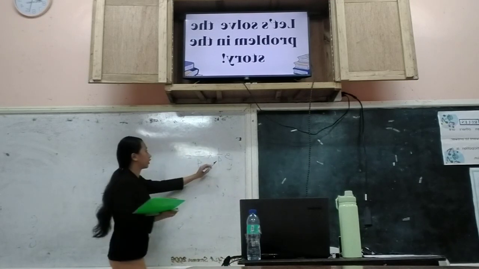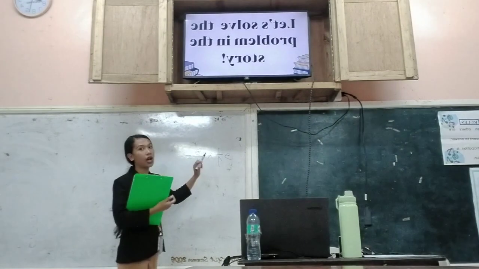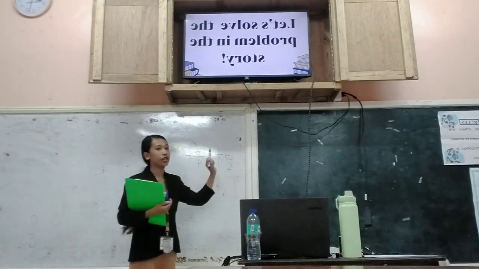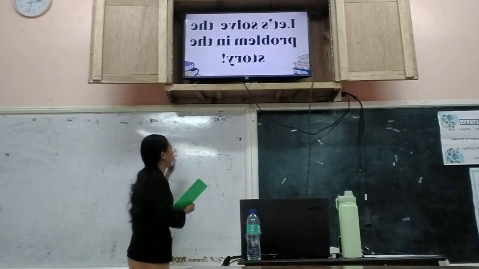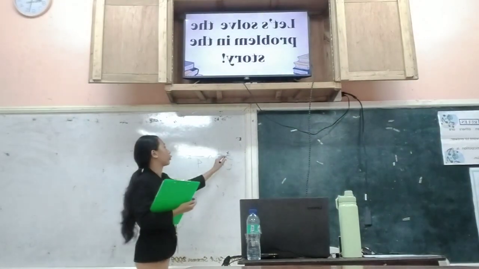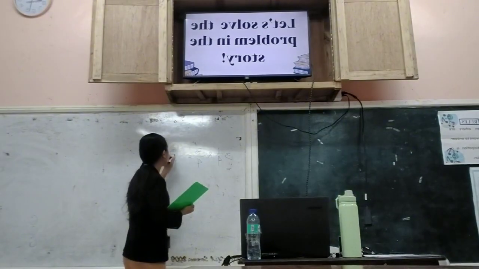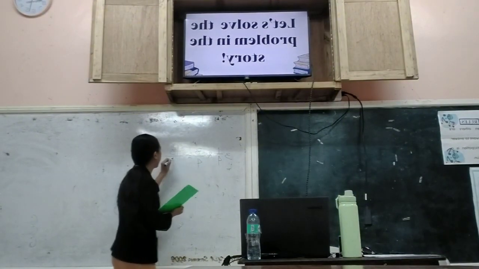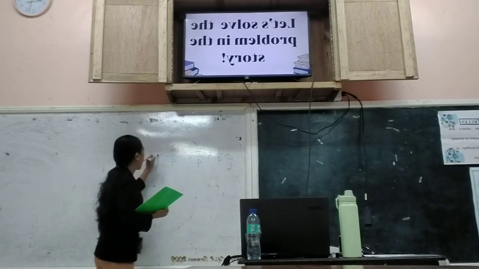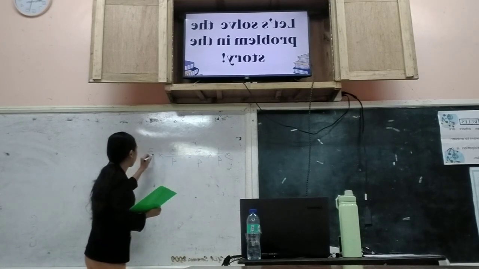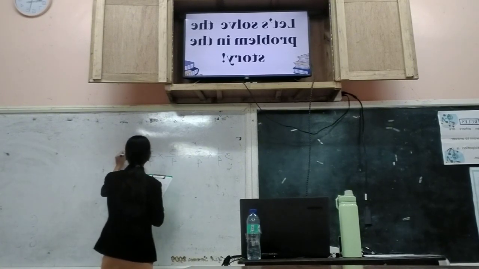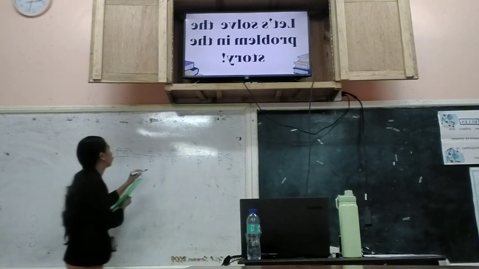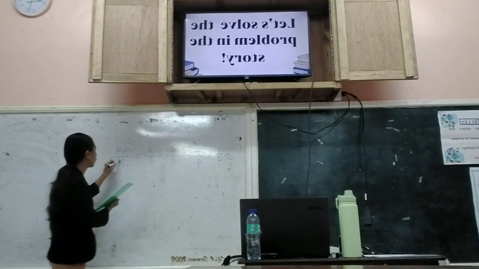So first, we need to convert mixed fraction into improper fraction. So 4 times 3 is equals to 12, and 12 plus 1 is equals to 13. And copy the denominator. Times, okay, copy the simple fraction. So 13 times 3 is equals to 39, and 4 times 4 equals to 16.